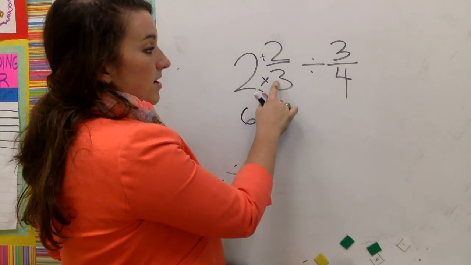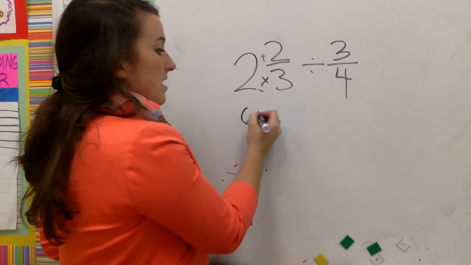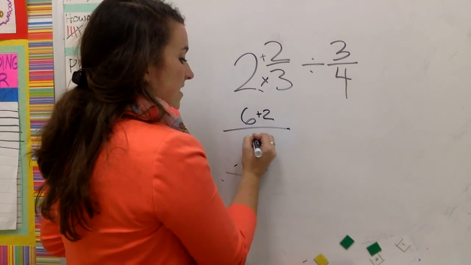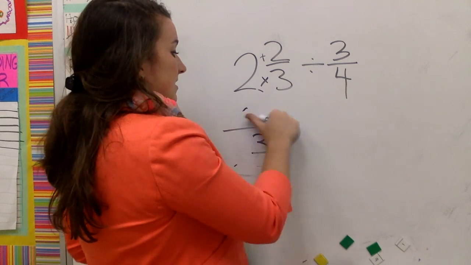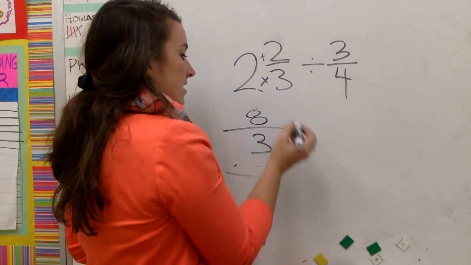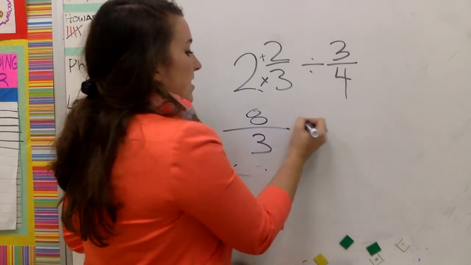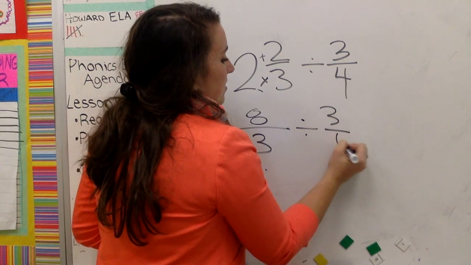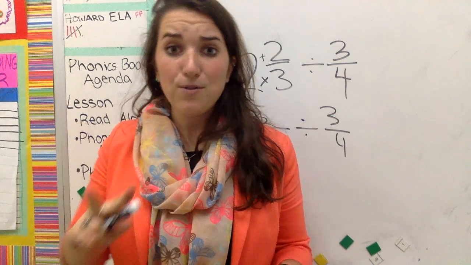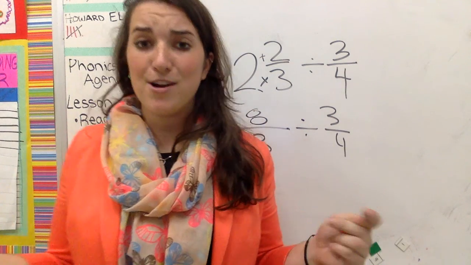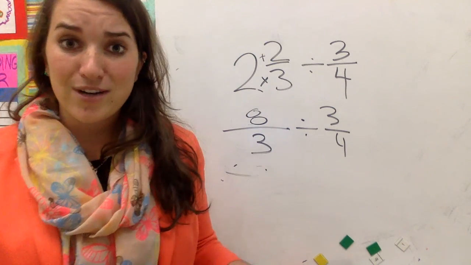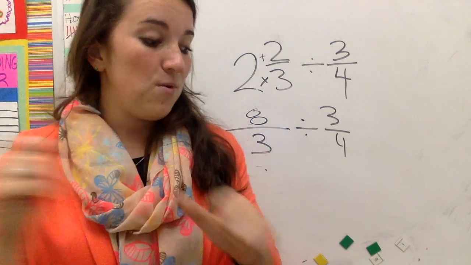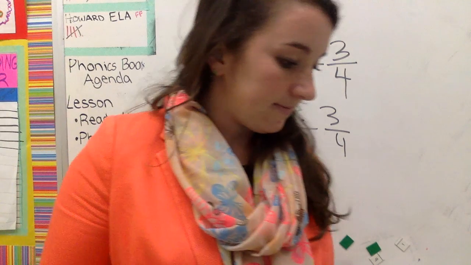Whole number times denominator plus numerator 2. Then I keep my denominator 3 the same. This is going to be 8 over 3 because 6 plus 2 is 8. Then I rewrite the rest of it, divided by 3/4. Now that I have 2 fractions and we're dividing, I'm going to do keep, change, flip. I'm not going to do this part for you. I'm going to let you do that on your own so we can move on to the back.